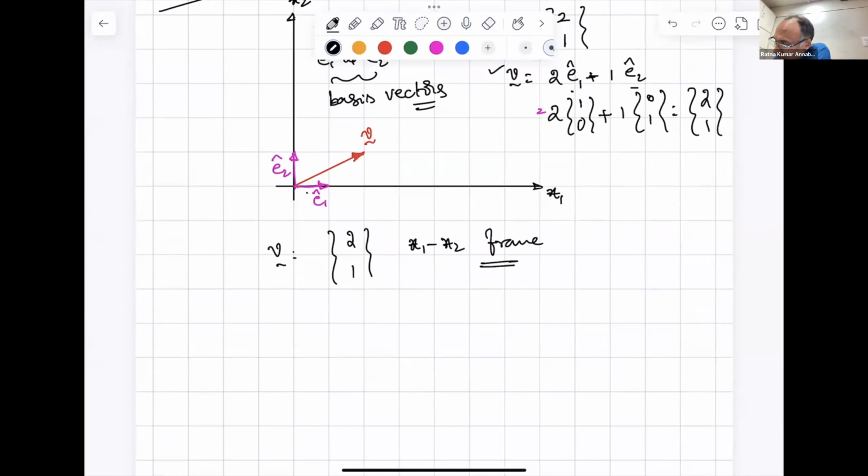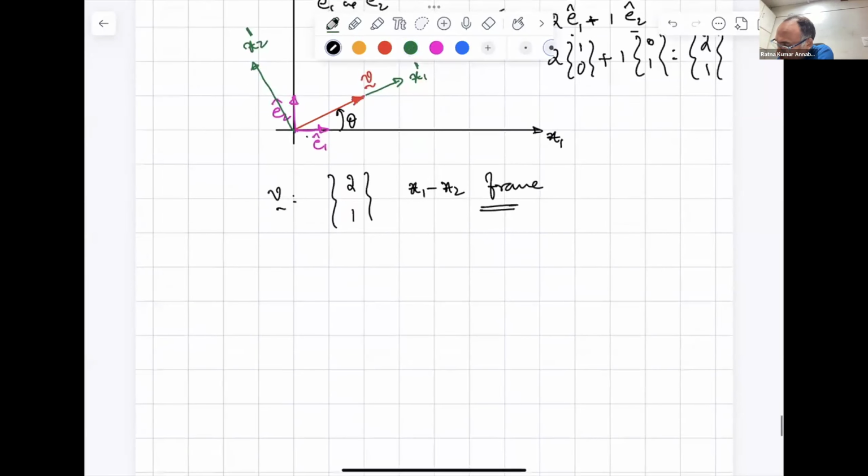Now let us imagine a scenario wherein I have chosen another coordinate system. Let us say this is x1 dash and perpendicular to that is x2 dash. That means I have rotated my coordinate system by an angle theta. Instead of x1, x2, now I have my new coordinate system.